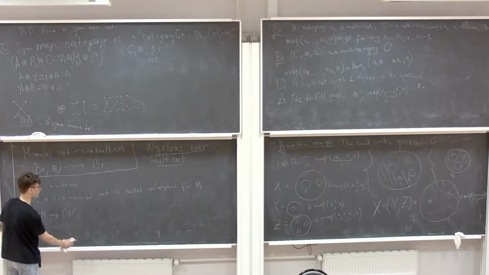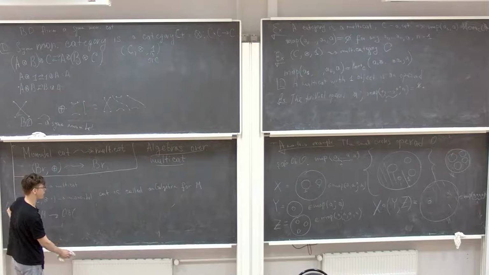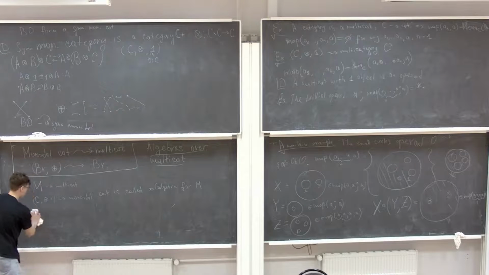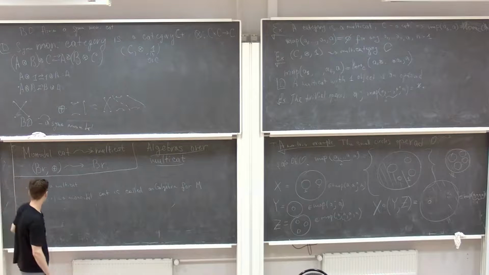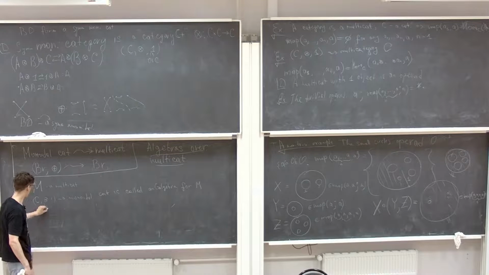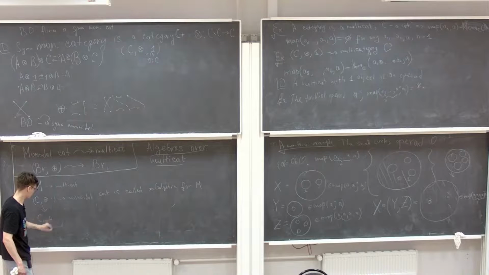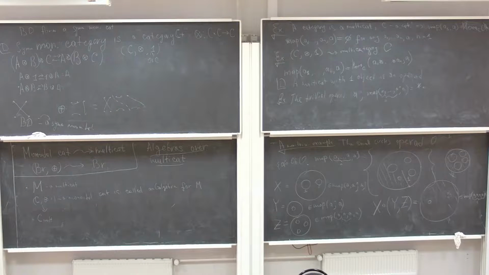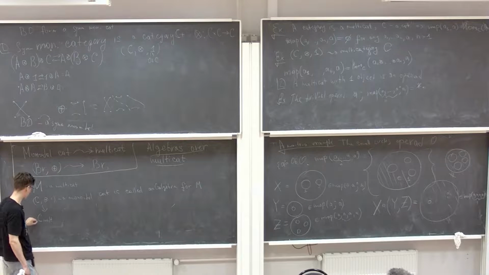Okay. Let me do it in another way. So there is a corresponding multi-category, C-multi. For example, usually vector spaces are considered here, so you may imagine that C is just vector spaces.